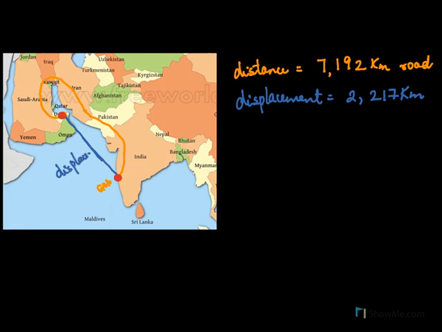And this is the distance. So you have seen the distance is always greater than displacement. The shortest distance between two places is the displacement.